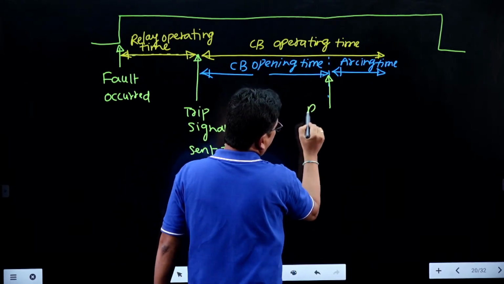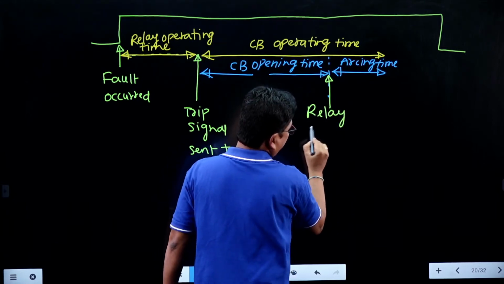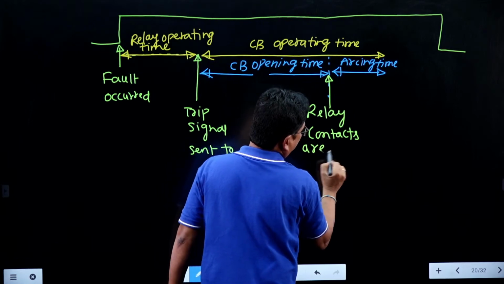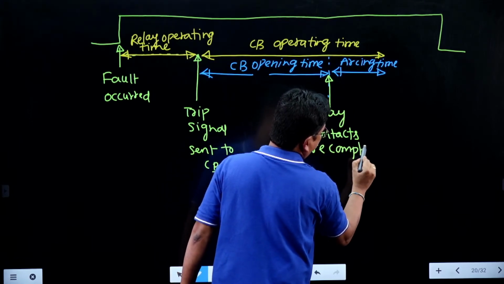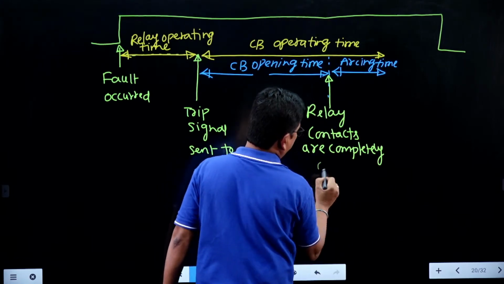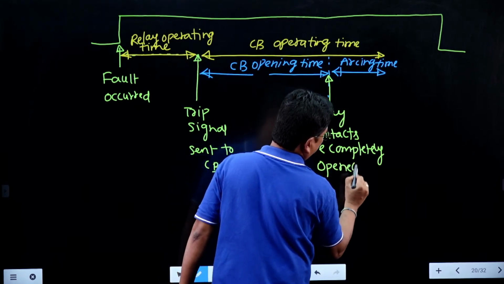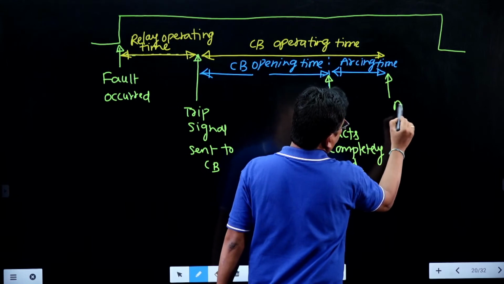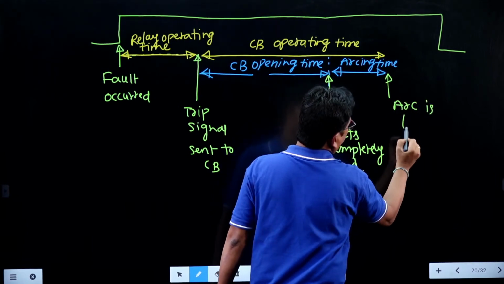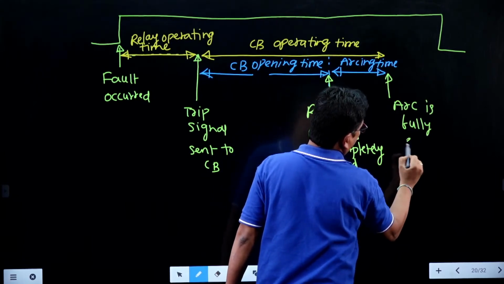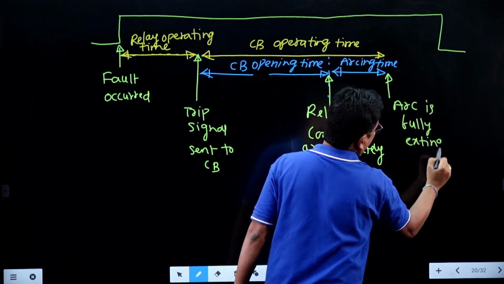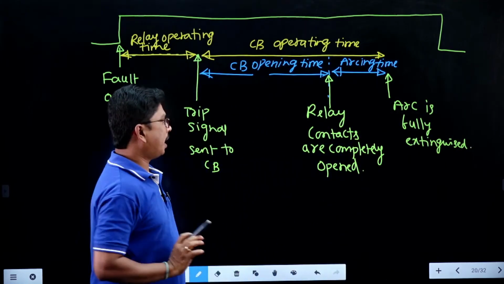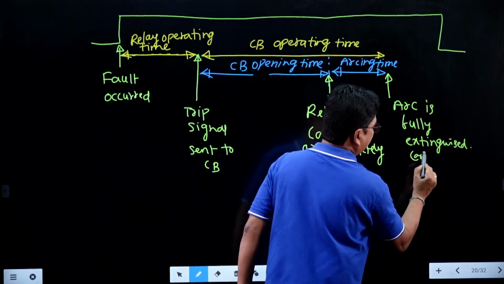Here the relay contacts are completely opened, right? And here the arc is fully extinguished, or we can say the fault is cleared.